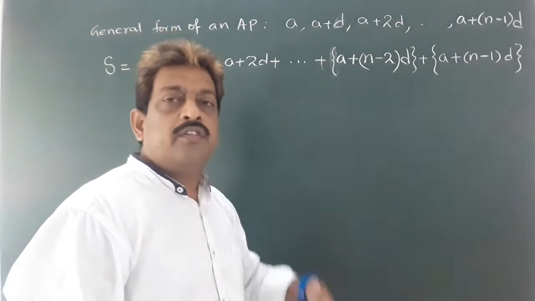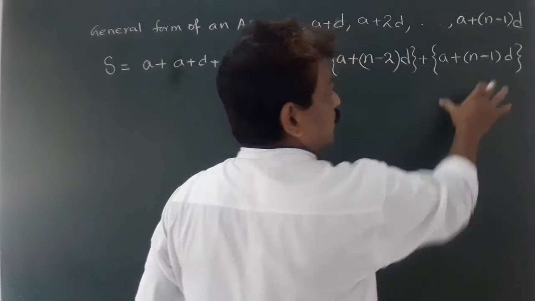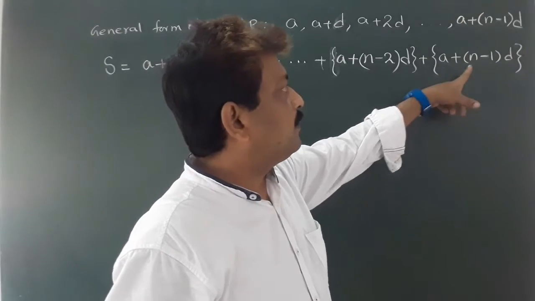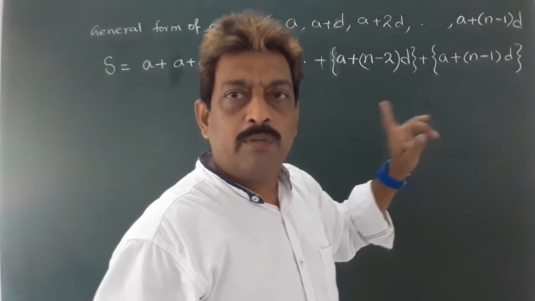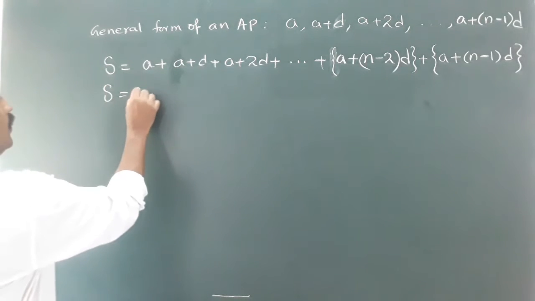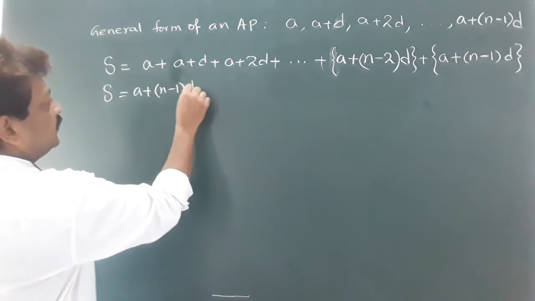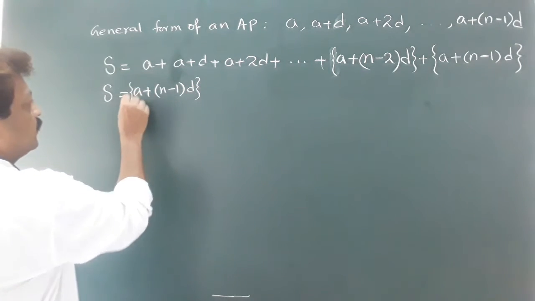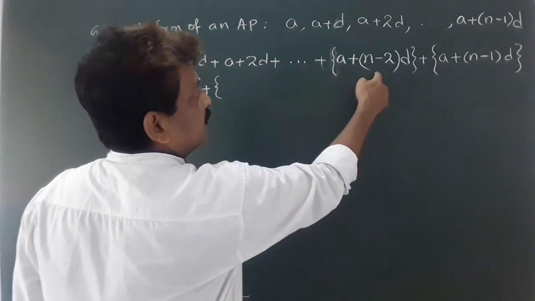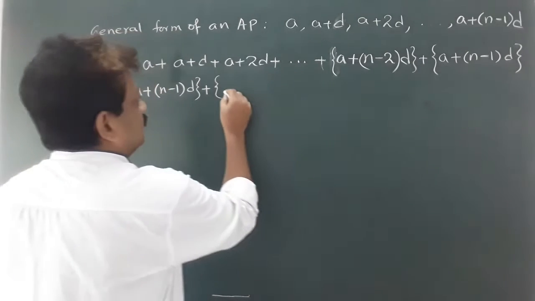Now let me rewrite the AP in the reverse order. So in the reverse order, the nth term will be the first term, that is a plus n minus 1 d will be the first term. So S equals to a plus n minus 1 d, this is the first term, plus this will be the second term, the second last term will be the second term from the reverse order.